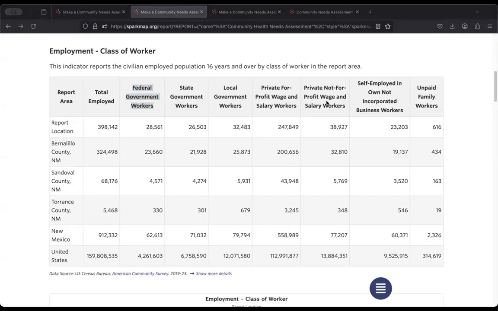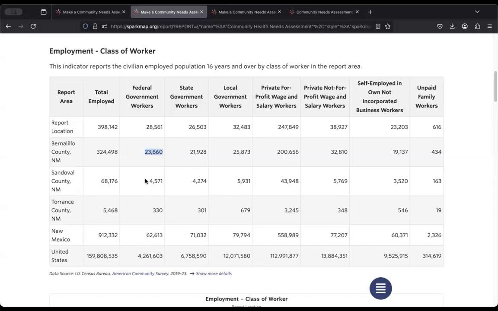Those are the major categories there. We can see that the number of federal government workers in Bernalillo County is very high, right? They've got a lot of federal, state, and local government workers that may or may not be affected by some of the happenings at the federal level.